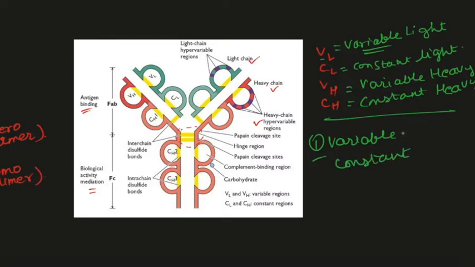So the variability is because the variable region comprises at least 110 amino acids.